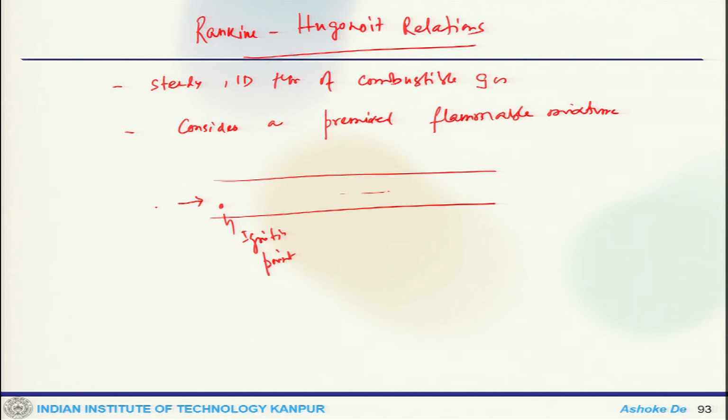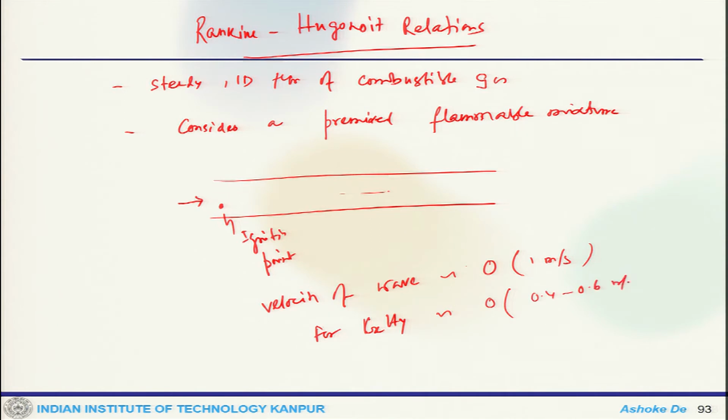Now, if both the ends are open to atmosphere, then the velocity of this combustion wave would be of the order of 1 meter per second. For most hydrocarbon-air stoichiometric mixtures, typically for hydrocarbon CnHy, this is of the order of 0.4 to 0.6 meter per second.